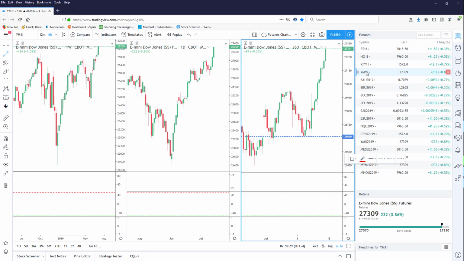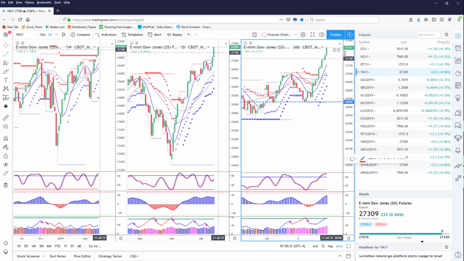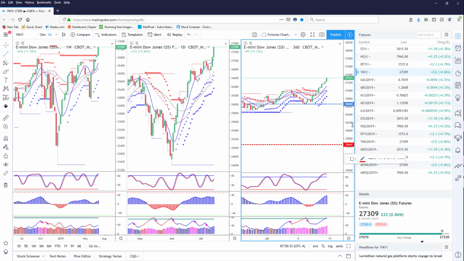If we go over and look at the Dow Jones, this is very similar to what the ES and the NASDAQ, sorry about that. You are overextended over here on your weekly. You will probably get a trend divergence on the daily sometime this week.